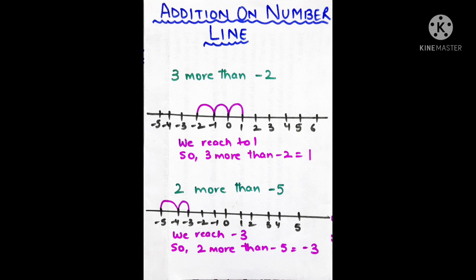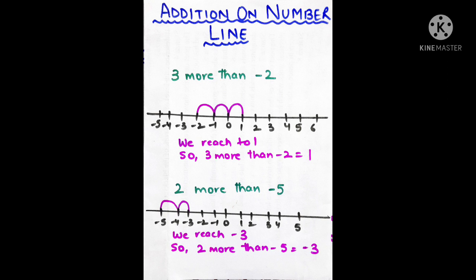From -2, the first step is -2 to -1. The second step is from -1 to 0, and the third and last step is 0 to 1. So we reach 1. So 3 more than -2 is equal to 1.